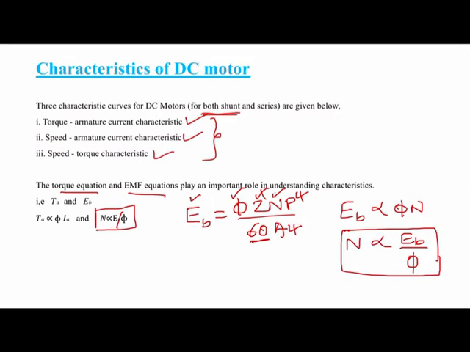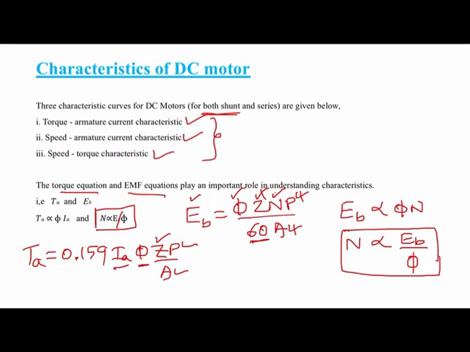One more is the torque equation. The torque developed in the armature is equal to 0.159 times the armature current times flux times Z times P divided by the number of parallel paths. Similarly, Z remains constant: the number of conductors for any machine, once designed, remains the same, and the number of poles and number of parallel paths remain constant. The only variables are the armature current and the flux.